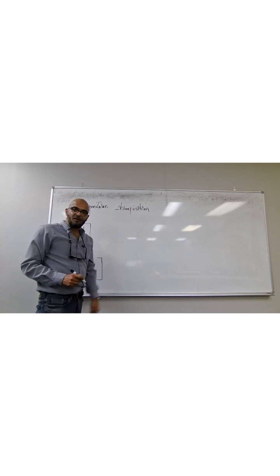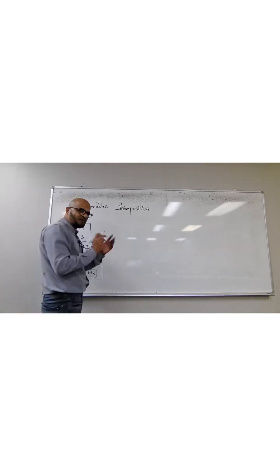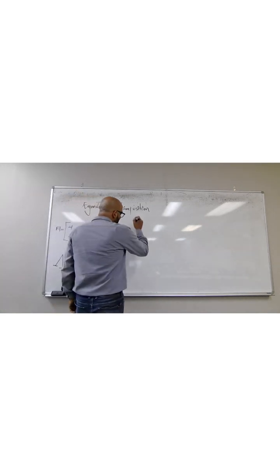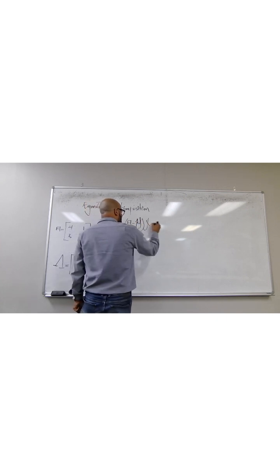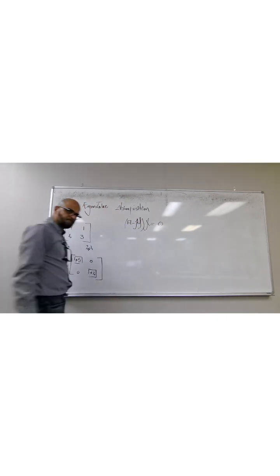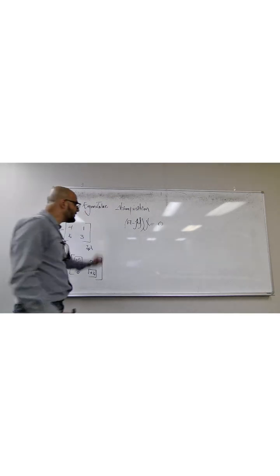Now I'm just going to find the eigenvectors based on the eigenvalues which I found. Remember how to find them. Remember I said that A minus lambda I times x should give me 0. This is good enough from the eigenvalues and eigenequation to find the eigenvectors.